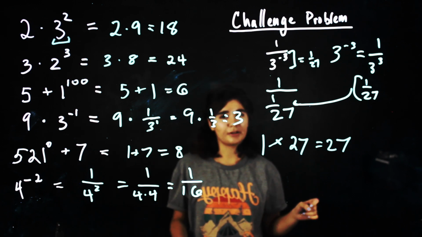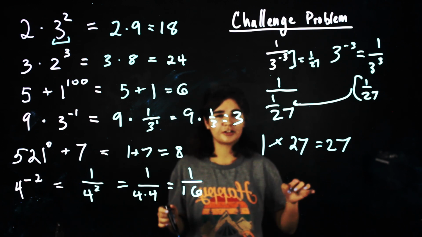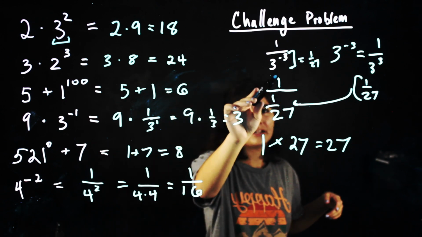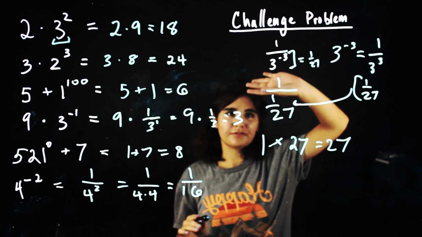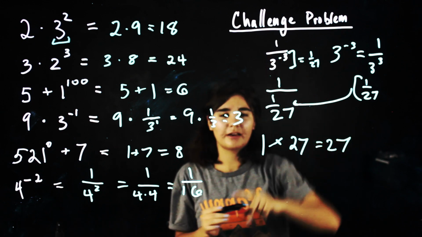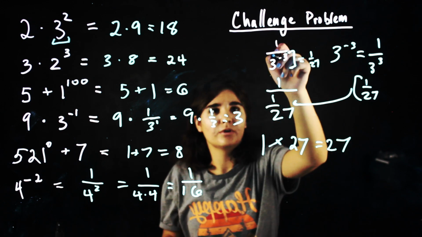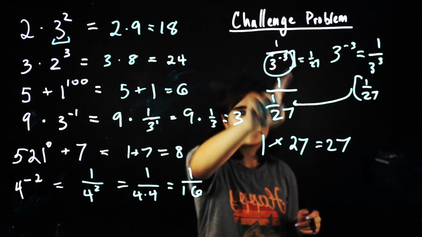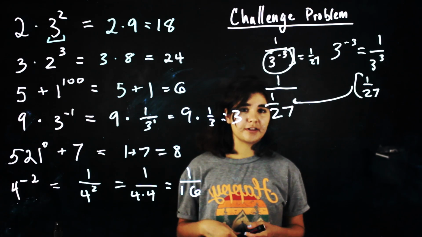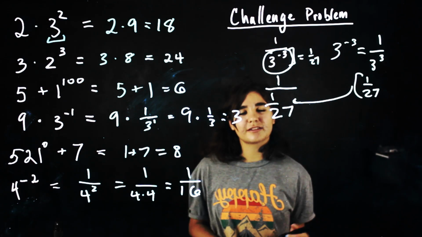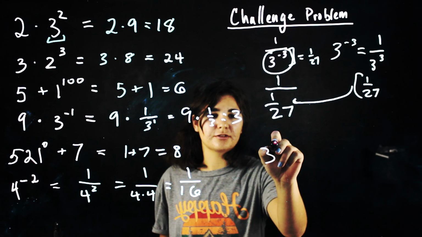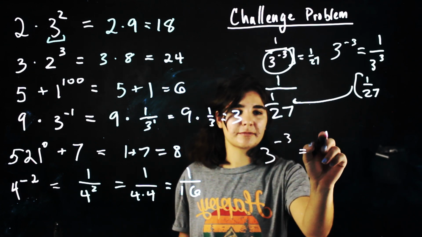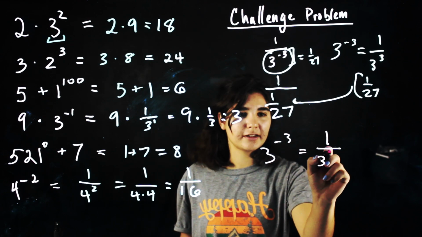Another way of thinking about it is this is kind of just a trick. Whenever you have a negative in the denominator, you can flip the whole thing, put whatever's in here on the numerator, and make this negative a positive. Another way of thinking about it is using the same logic as a regular 3 to the negative 3: anything with a negative is the same thing as 1 over the positive of that.